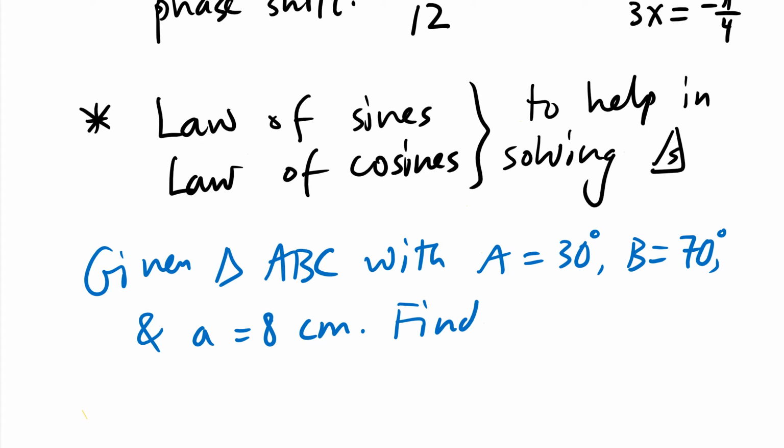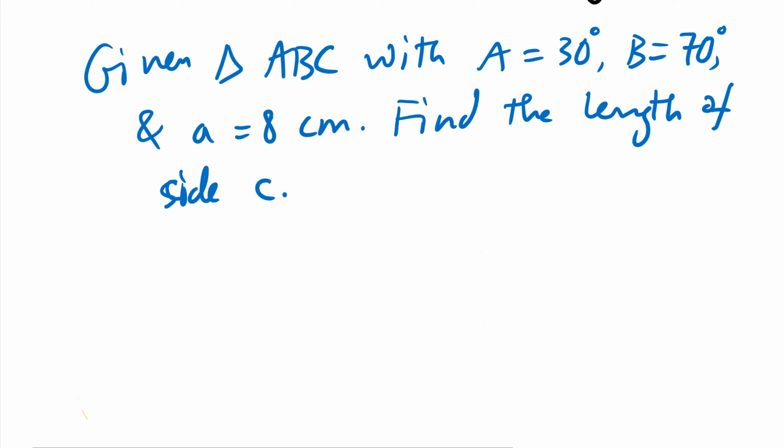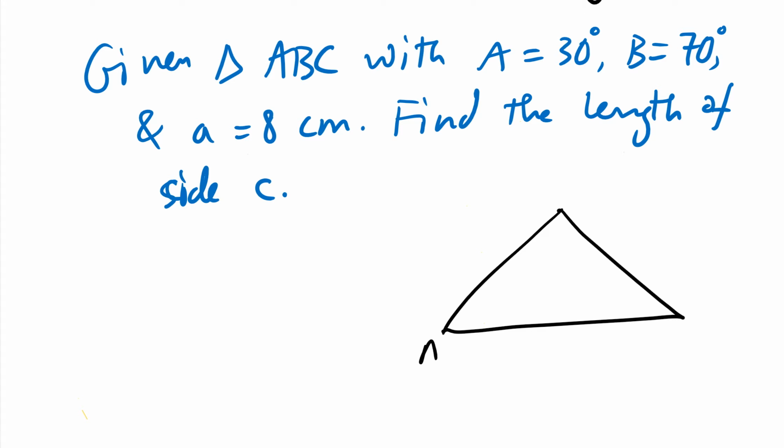Find the length of side c. So always draw a diagram, it's easier to see what's going on. Small c is the side facing angle C. So A is 30 degrees, B is 70, and this is 8. Luckily enough, that's not the ambiguous case.